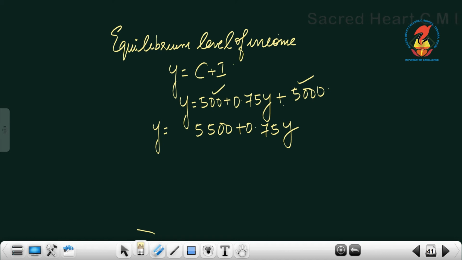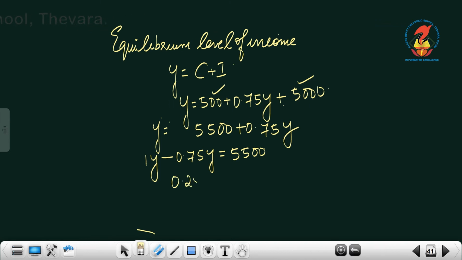0.75 Y. So, same as what we have done for the last problem, you can take the 0.75 Y to the side. Actually, here it is 1Y. Therefore, when 0.75 is taken to the side, it becomes 1 minus 0.75 Y is equal to 5,500. Now, 1 minus 0.75, you know it is 0.25.